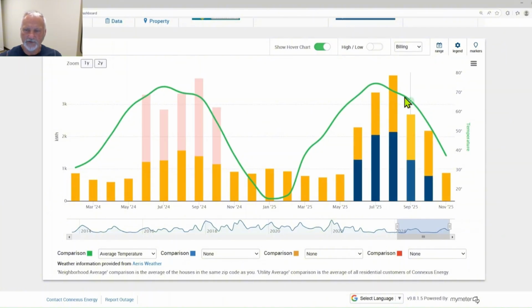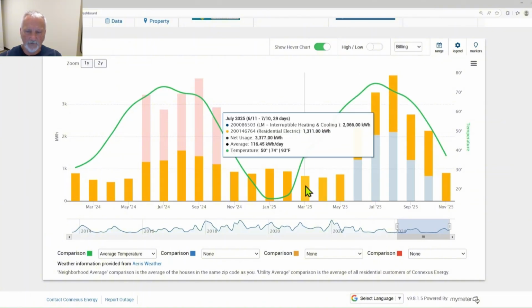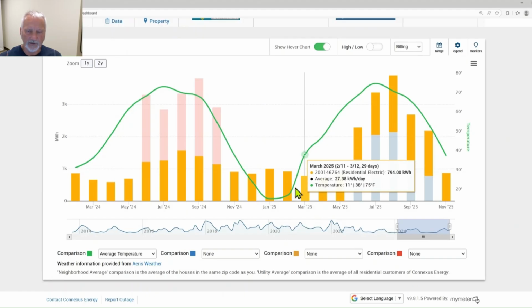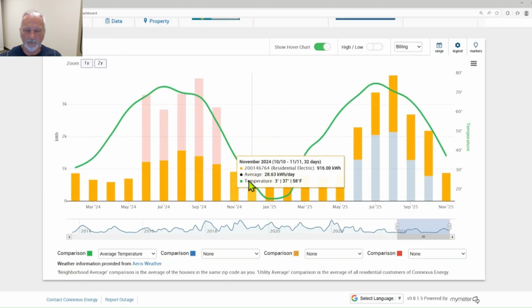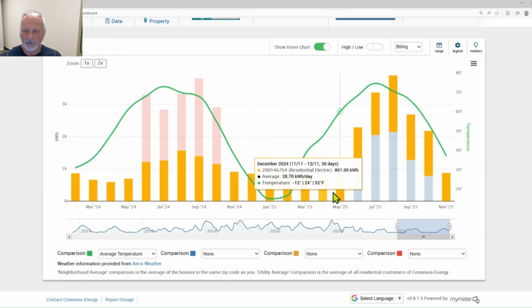As you see the temperature go up, you see my bill is higher, and that's because my air conditioner is running, and I have some other electric appliances that are running that drive my bill up in the summertime. In the winter, the temperature goes down, and so my air conditioner is not being used, and I have a heater for a pool that's not being used.